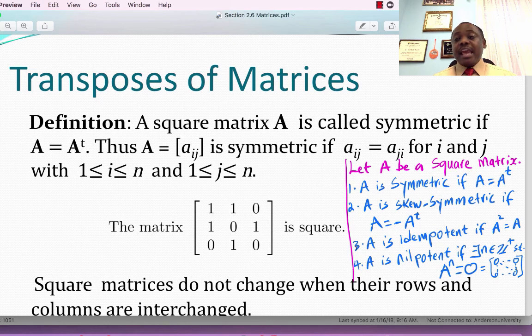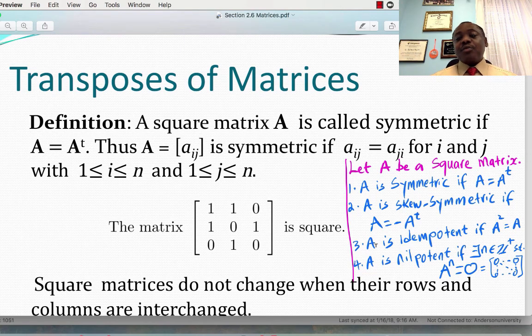Number 3, A is said to be idempotent if A squared equals A. And number 4, A is said to be nilpotent if I can find a positive integer n such that A to the n equals 0. And it may not be possible, but I wanted to add 2 definitions to your toolboxes.